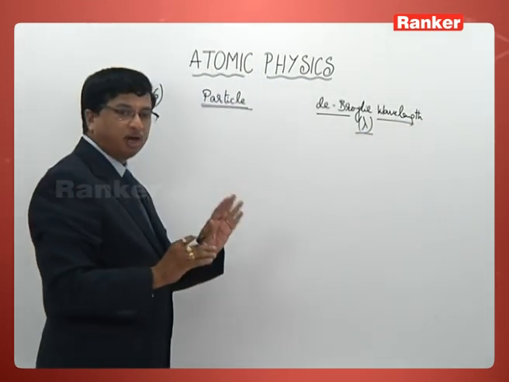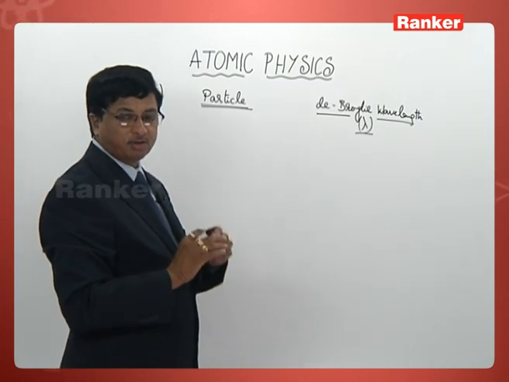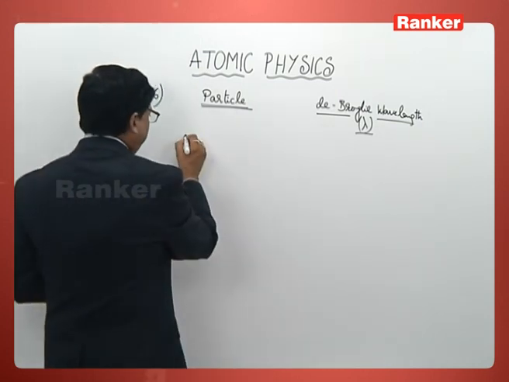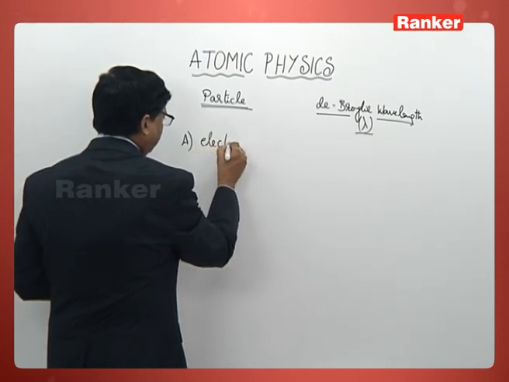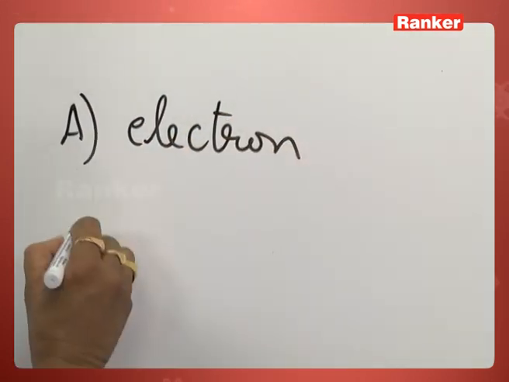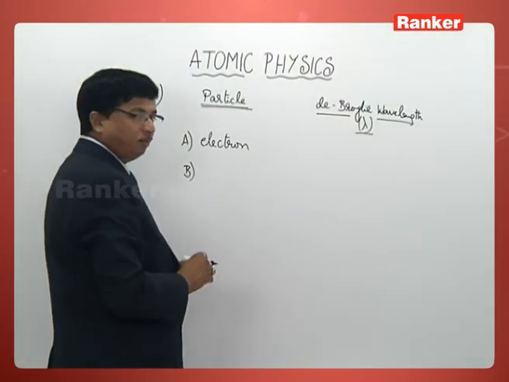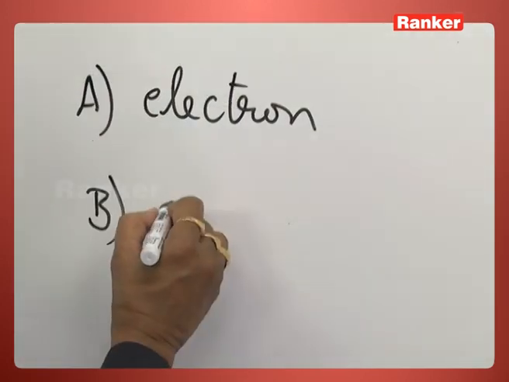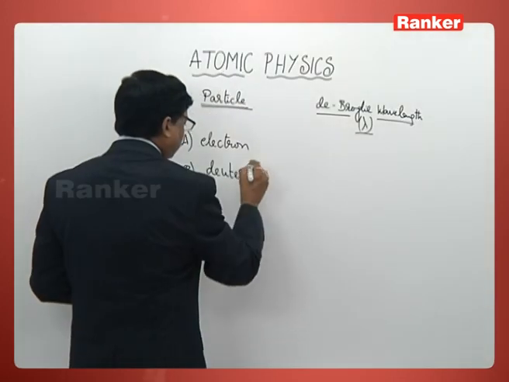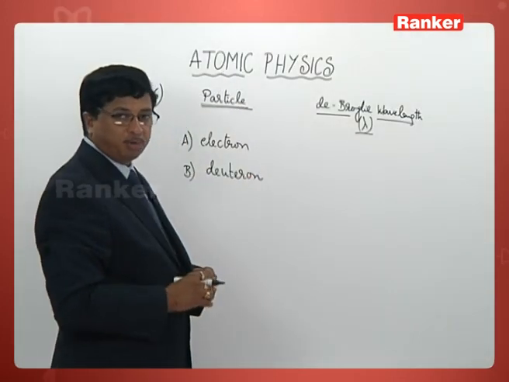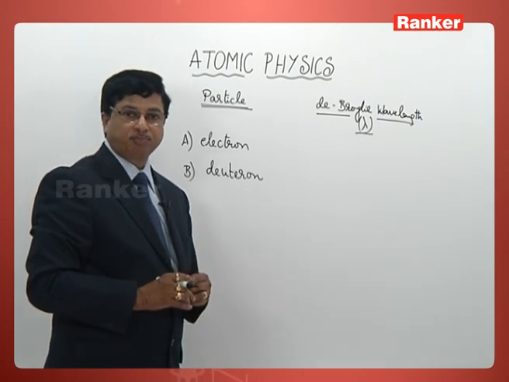What are the four particles he has mentioned? The very first particle he has given us is electron, and the second particle he gave us is deuteron, which is of course the isotope of hydrogen, deuterium.